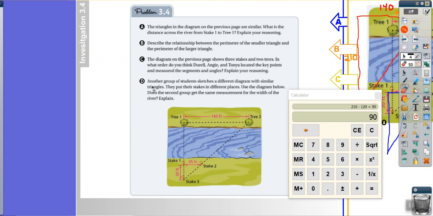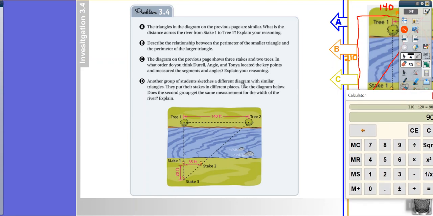In question D, another group of students makes a different diagram with similar triangles. They put their stakes in different places. It's the same river, it's the same trees. What do you think is going to happen when you put these three new stakes in? Well, let's see.